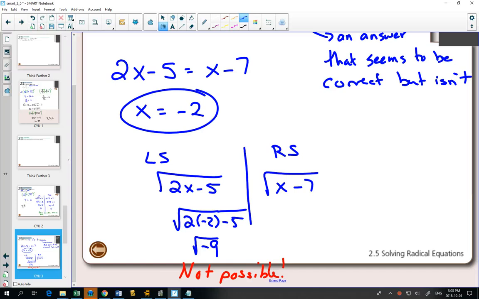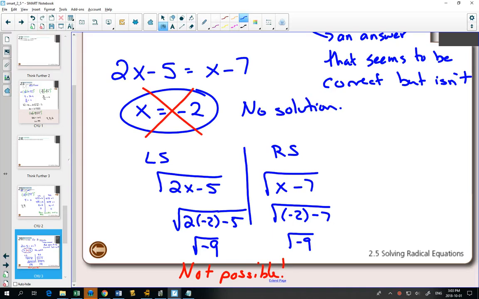So this is why this is not a right answer. Even though on the right-hand side, when I plug in negative 2, I get the same thing, we still have to say this answer is not possible. We have to go back, put an x through this, and say there's no solution.